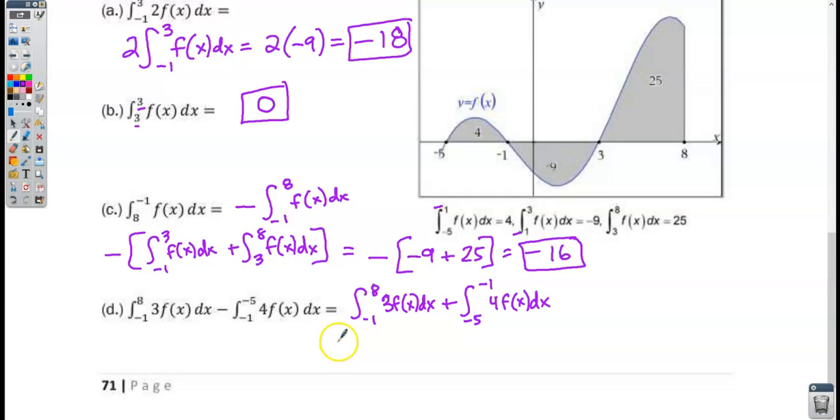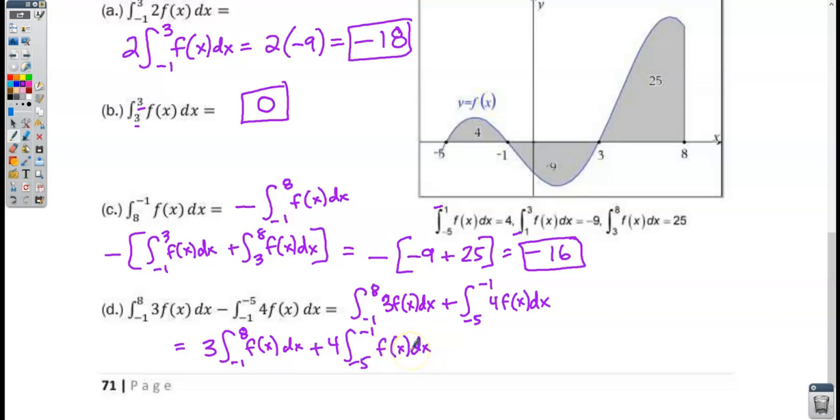And then I'm going to pull out my constant multiples. So this is 3 times the integral from -1 to 8 of f of x dx plus 4 times the integral from -5 to -1 of f of x dx.